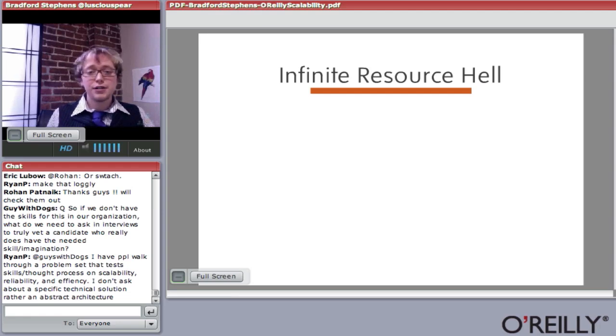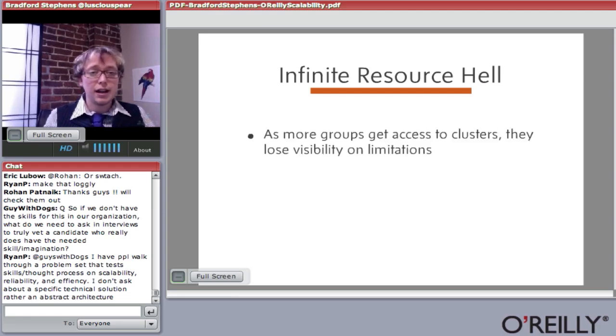You can also run into what I call the infinite resource hell. This is something Pat Helland, one of the big researchers at Microsoft, was telling me: as groups get access to more data, they lose visibility on the limitations. If you've got five different groups and they suddenly realize, hey, I can run queries across 500 terabytes of data and it's totally scalable, it may work fine when only one group is accessing that cluster.